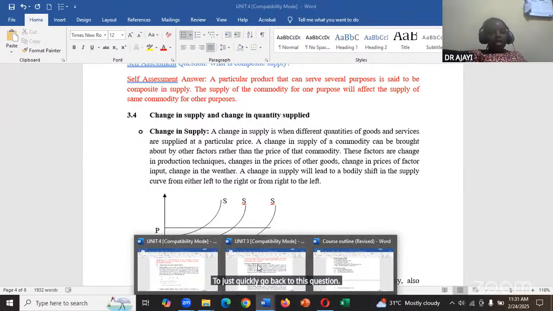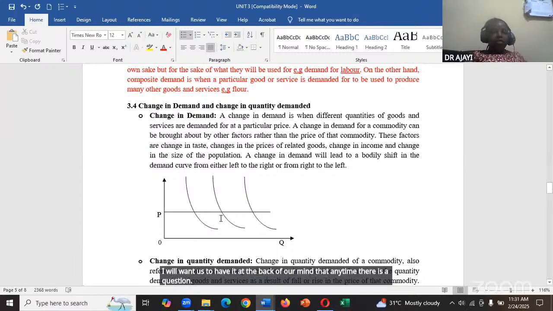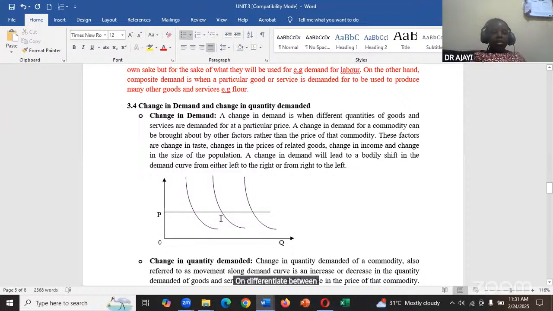But let's see change in demand and change in quantity demanded. I will want us to have it at the back of our mind that anytime there is a question on differentiate between when we say change in demand and when we say change in quantity demanded.